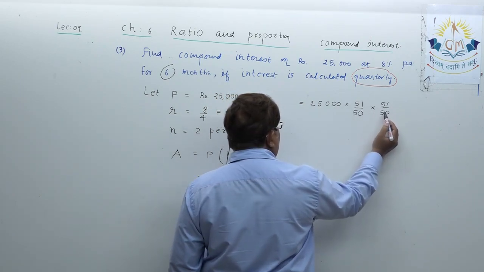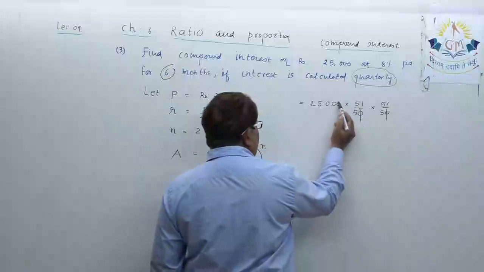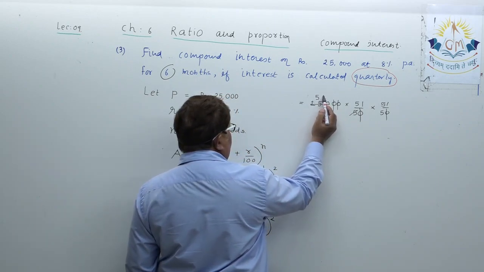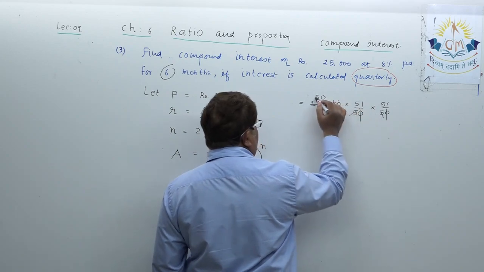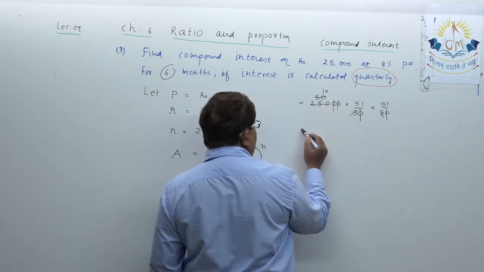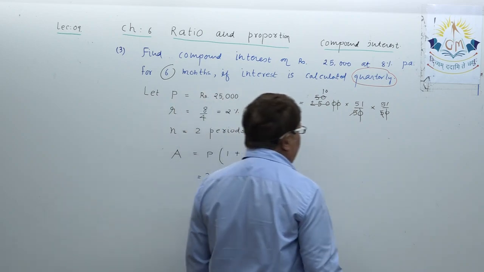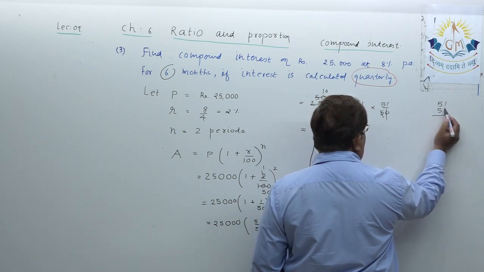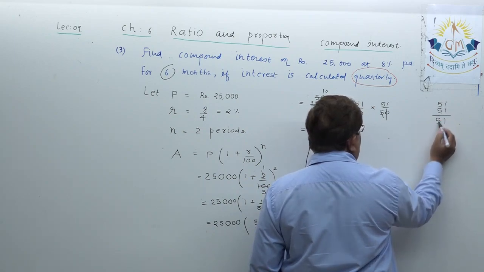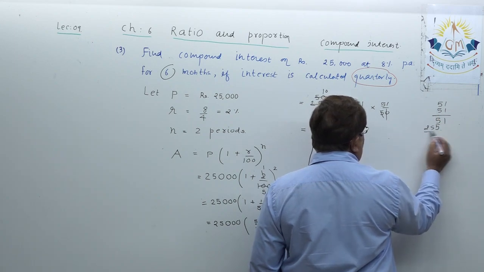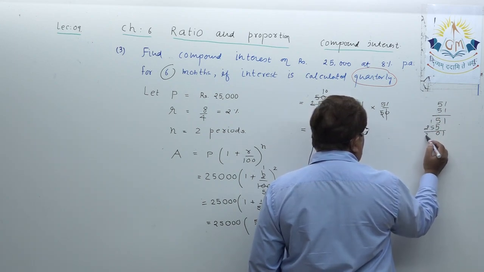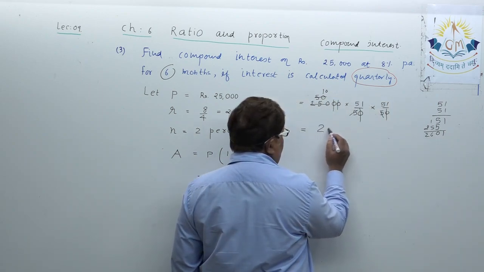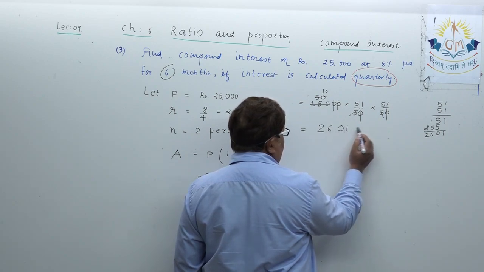And then start cancellation. 50 into 500, 5 tens are 50. 51 into 51, just the question of squaring it. 51 squared turns out to be 2601.